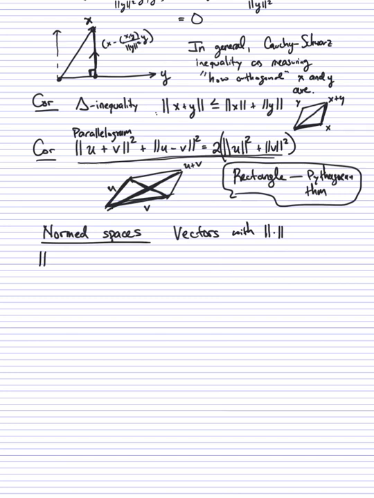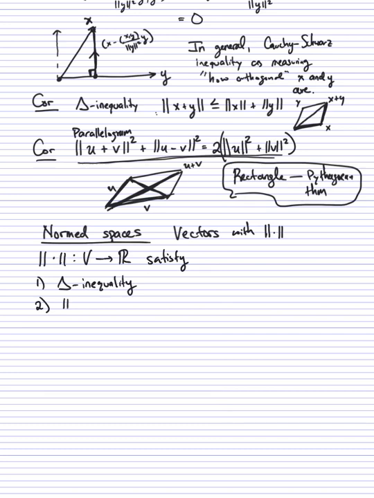So we want a vector space. This norm function should satisfy the triangle inequality, which we just have above. You can think it's not a linear transformation from V to R, but it's sublinear. The norm of the sum is less than or equal to the sum of the norms.